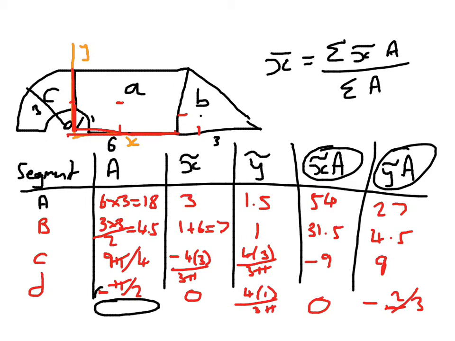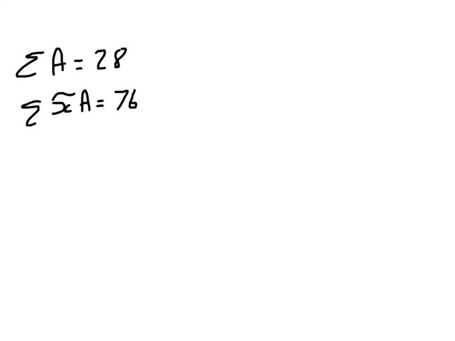This is where this minus on the D area comes in, because it's a hole. You have to put the minus there so that you're removing that mass later on. So when I total those up, my total for area is 28. My total x tilde A column is 76.5, and my total y tilde A is 39.83.